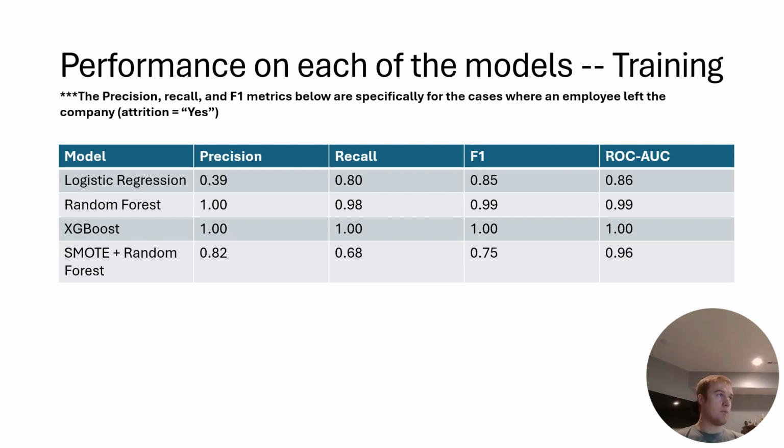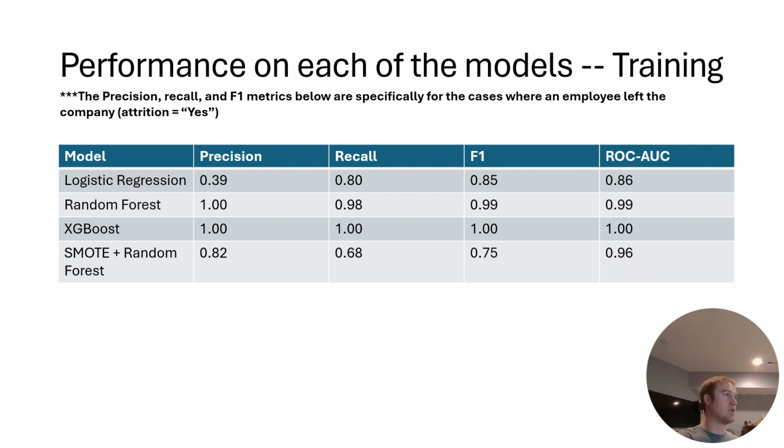And then random forest and gradient boost had extremely high precision, recall, and F1 scores, as well as an extremely high ROC-AUC score ranging from 0.99 to 1.00. And then the last model was the smote plus random forest, and that had a precision of 0.82, a recall of 0.68, and an F1 score of 0.75.